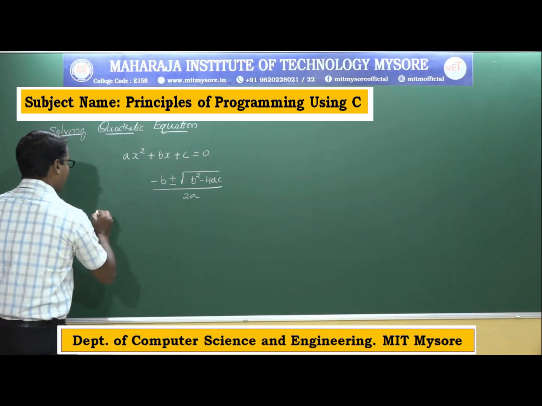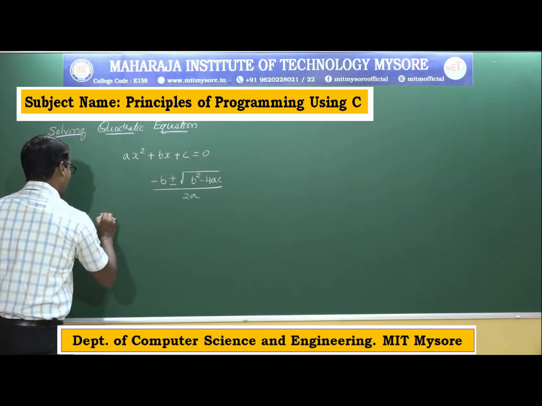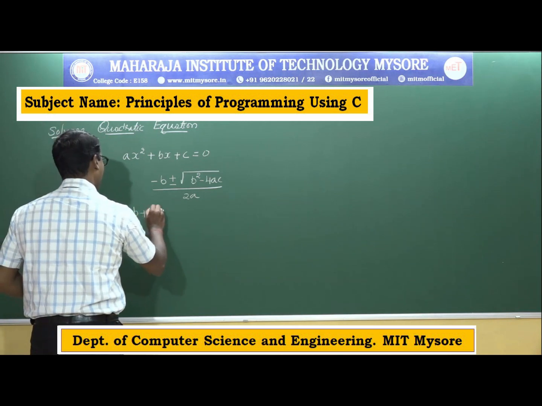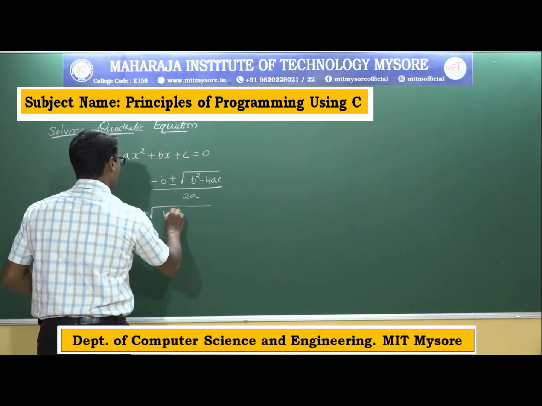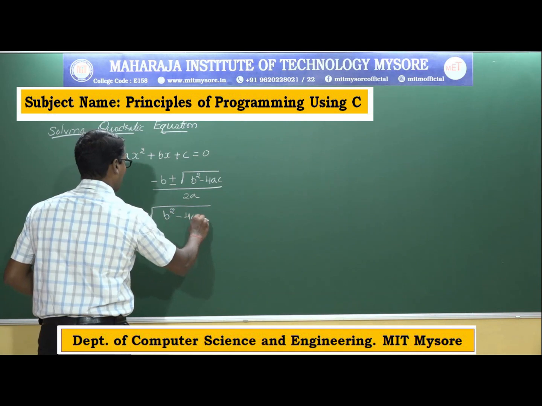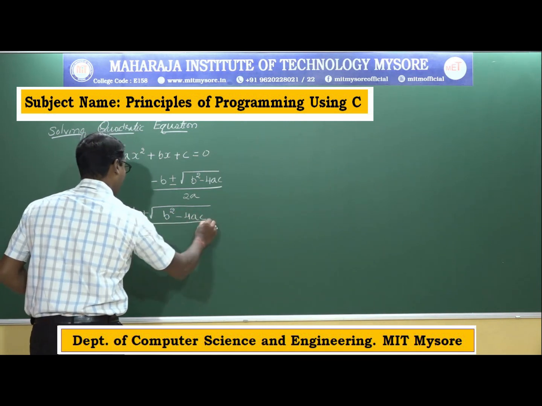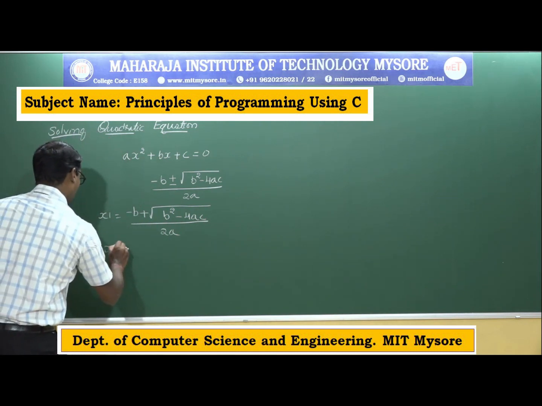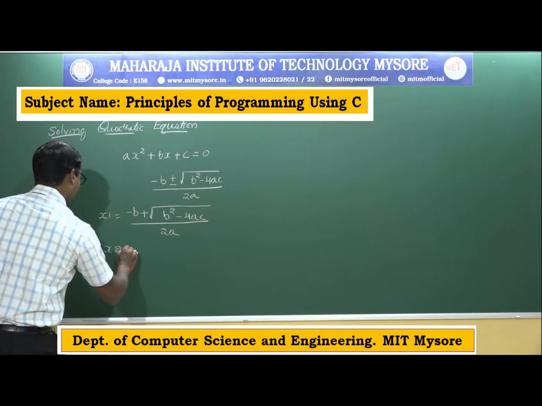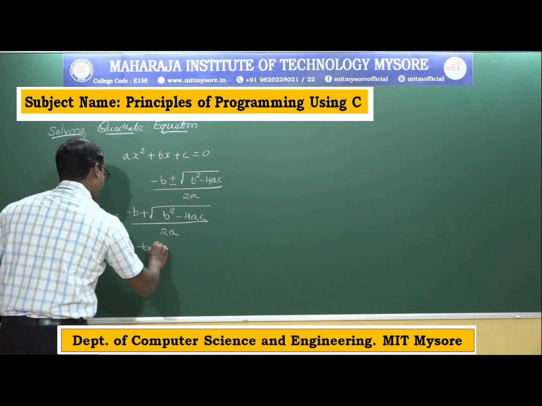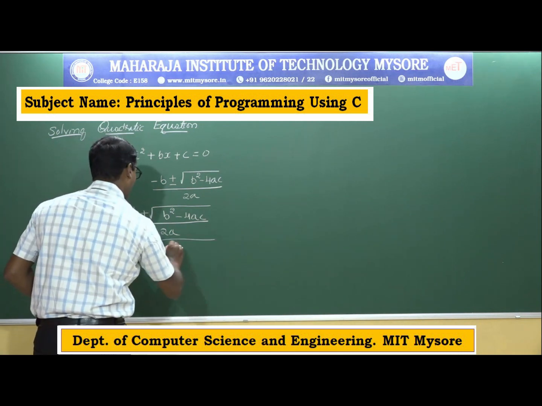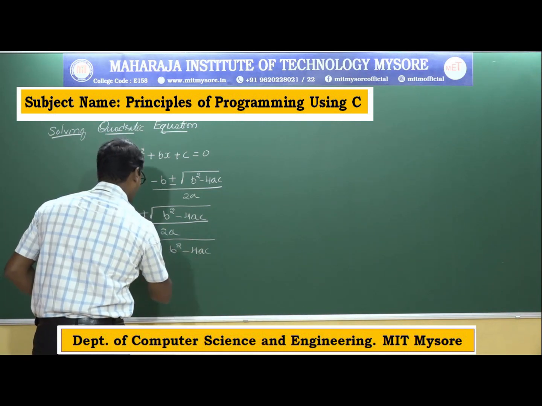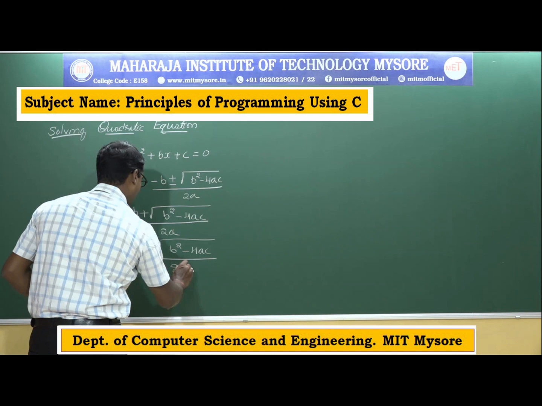We can expand this formula into x1 is equal to minus b plus square root of b square minus 4ac divided by 2a, and x2 is equal to minus b minus square root of b square minus 4ac divided by 2a.